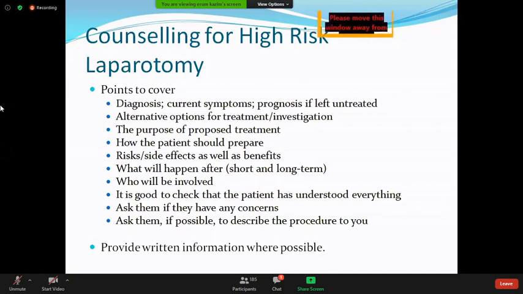Then, do we have some alternative options for treatment or investigations? We will also include the option of what will happen if we are not going to treat the patient.